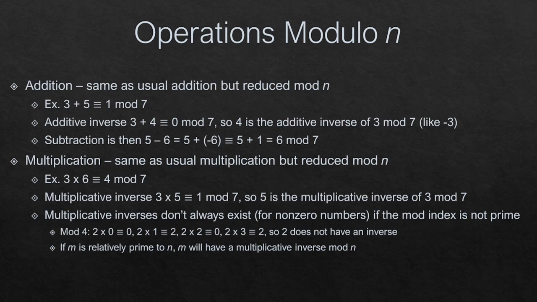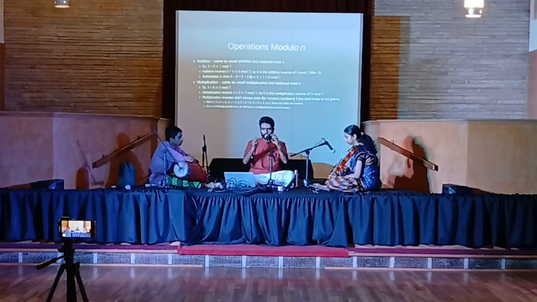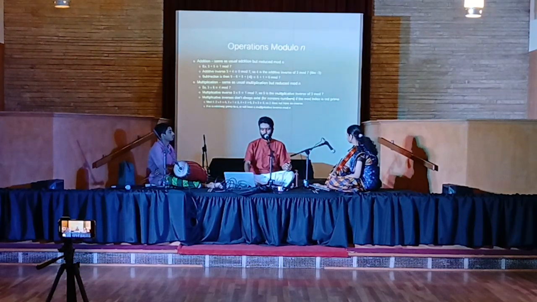That's the goal when you're trying to find a multiplicative inverse: you want to see what number I multiply by so that I get 1. Normally 3 times 1/3 in normal arithmetic is 1. So what is playing the role of 1/3 here? 5. So 5 is the multiplicative inverse of 3 mod 7.